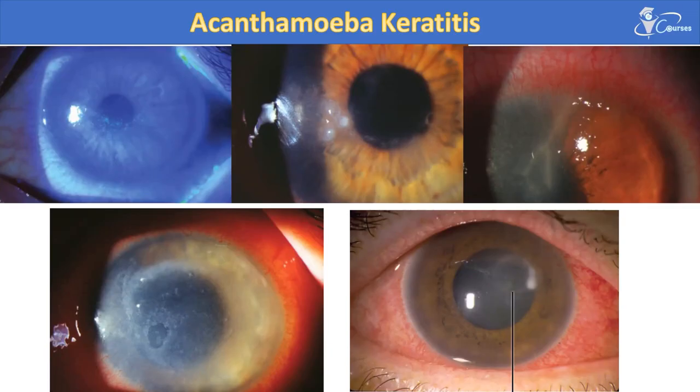So how can we diagnose a patient with acanthamoeba keratitis? There are many ways. You have to have a high index of suspicion and then order the appropriate investigations. Hematoxylin and eosin can show the cyst of acanthamoeba, as you can see here.